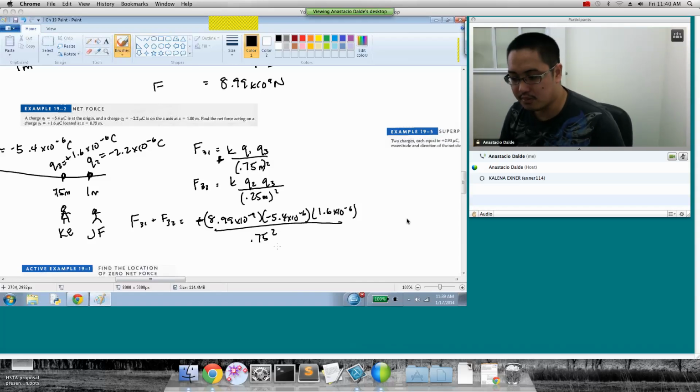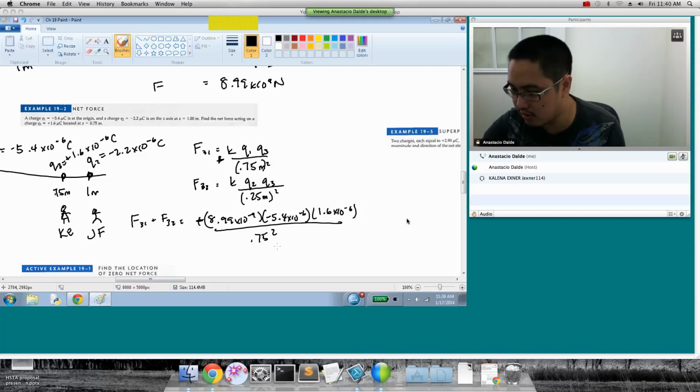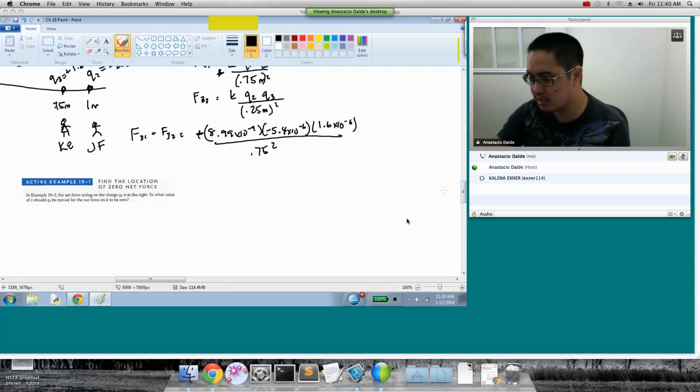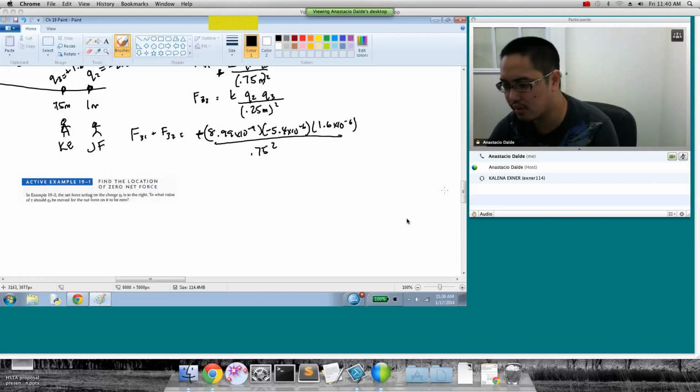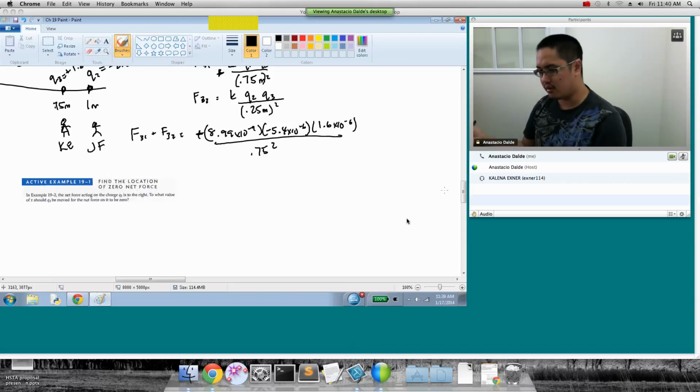Do you know how to do this on your calculator? Because it's scientific notation. All right, I'll show you. Here's what I want you to do on your calculator.